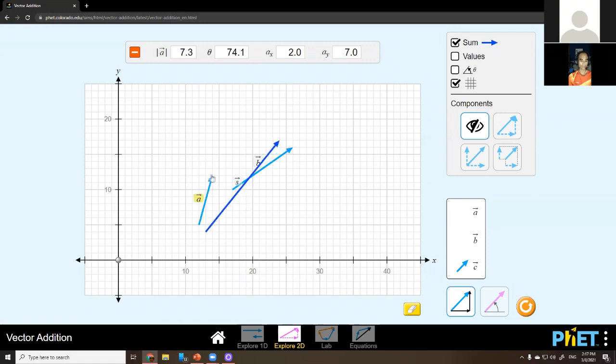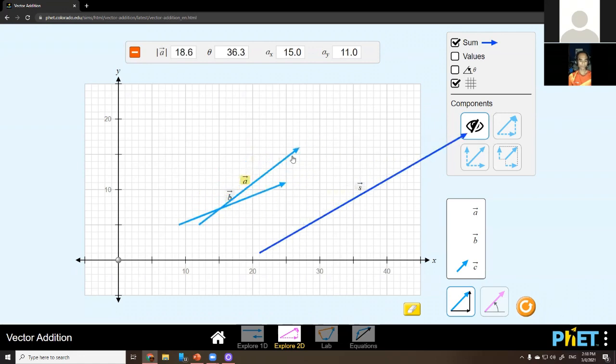If I adjust this one in this way, you can see that it is still the same. Or if I put B at the bottom and A on top in this way, you can see that it has the same sum. If you arrange it A or B, it is the same.